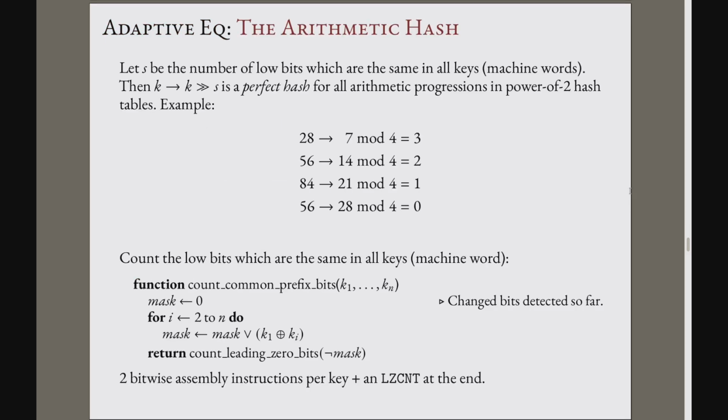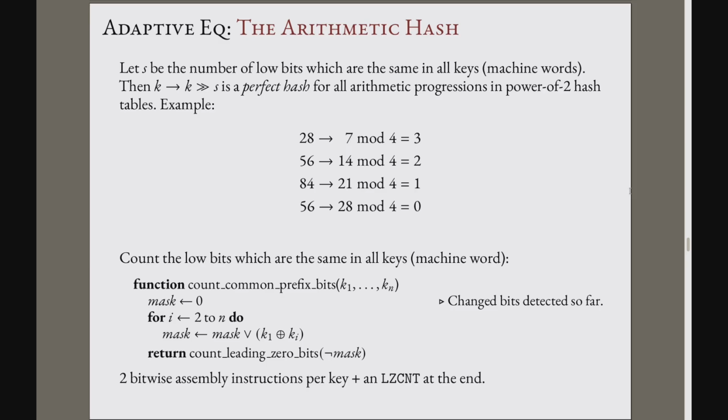Now, approaching the meat of this, getting more detailed: the pointer shift hash function. The basic idea is that we can actually construct the perfect hash for arithmetic sequences, if we can only detect the constant low bits of the keys. If we detect that, we can basically remove the highest common divisor, that's a power of 2, of all the keys.